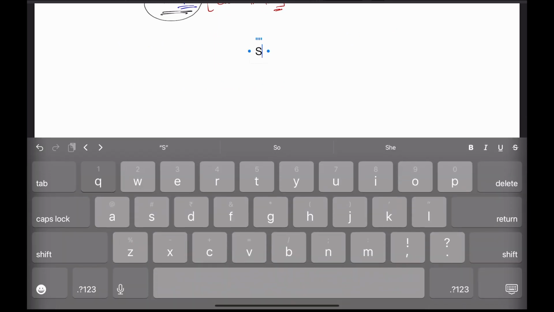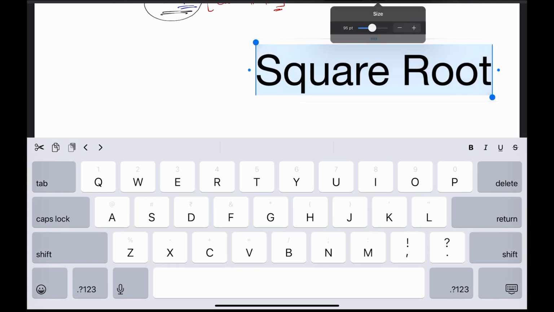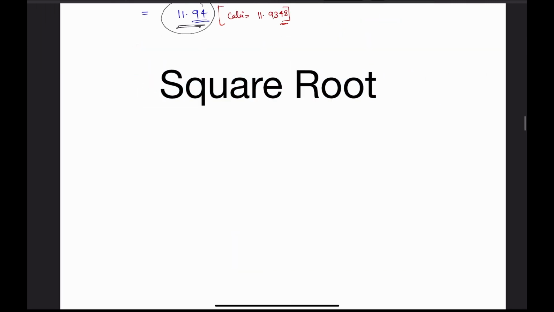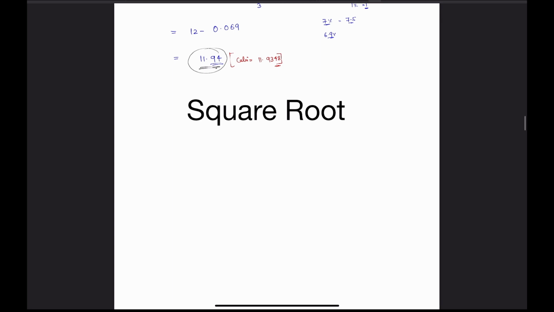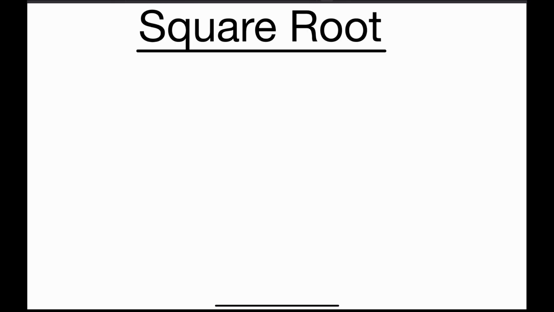So let me just write now, square root. The same type of concept is being used. Those who already know how to use calculus, for them they already know what I'm going to do. For squares also the same concept will be repeated.